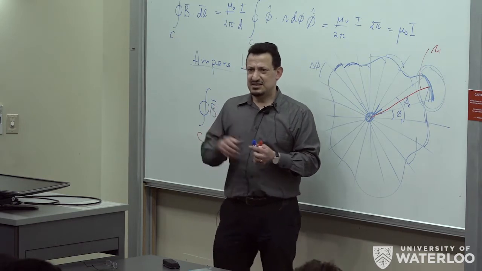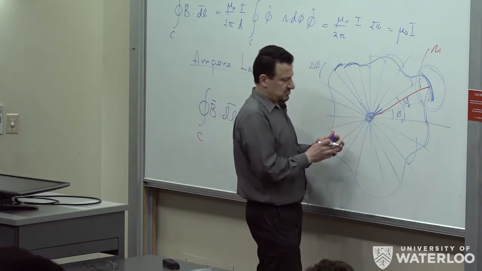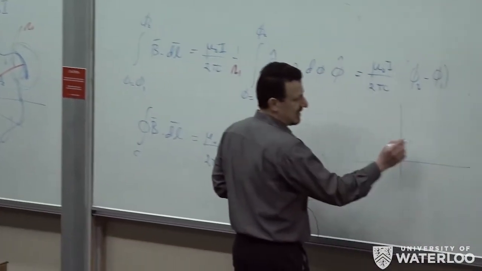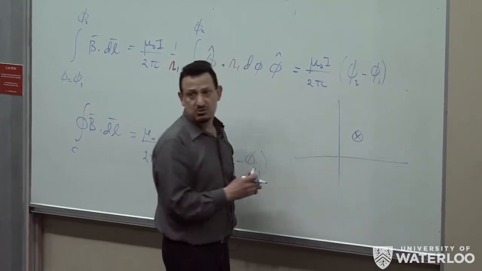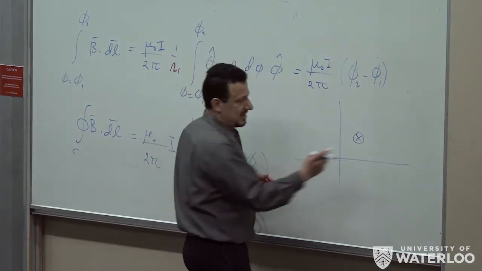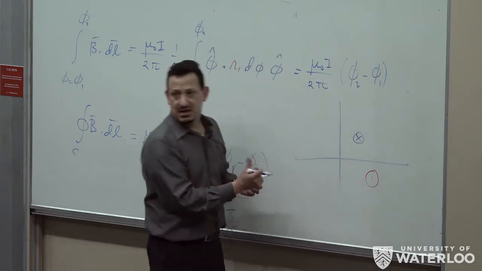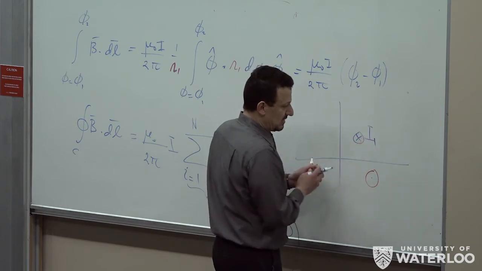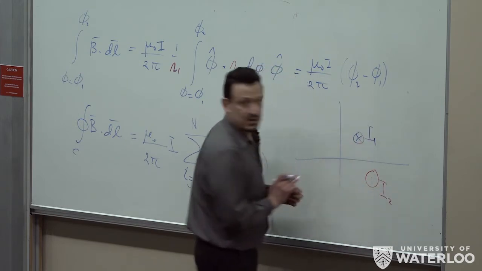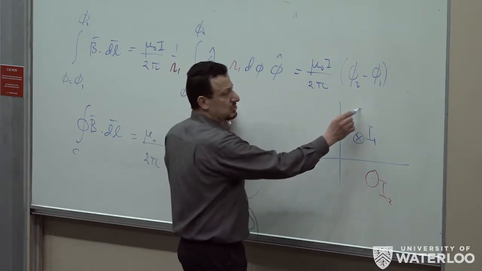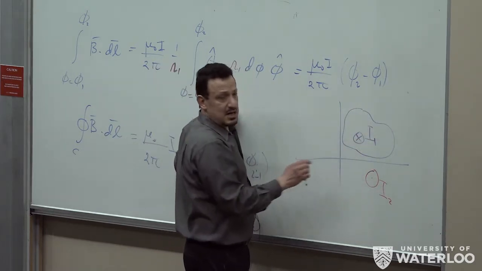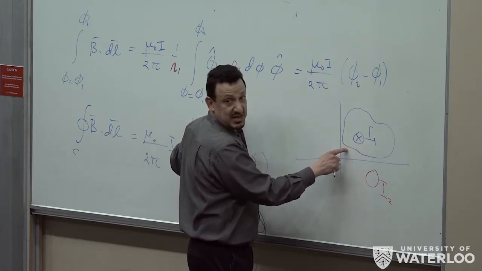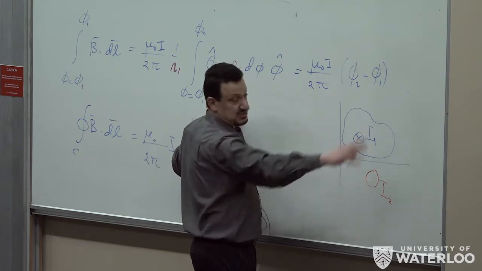You see? In other words, if I were to have one here, let's do it outside of this so that you don't get mixed up. So I have a current line that is going in, and I have another current line that is going out. Okay? So this is I1, and this is I2. If I take a contour like this, any contour that surrounds this I will give me, the integration of B. Let's say there's a B somewhere.